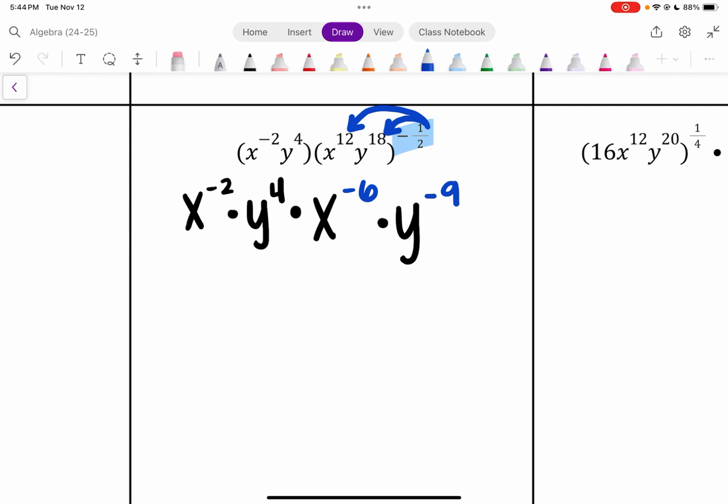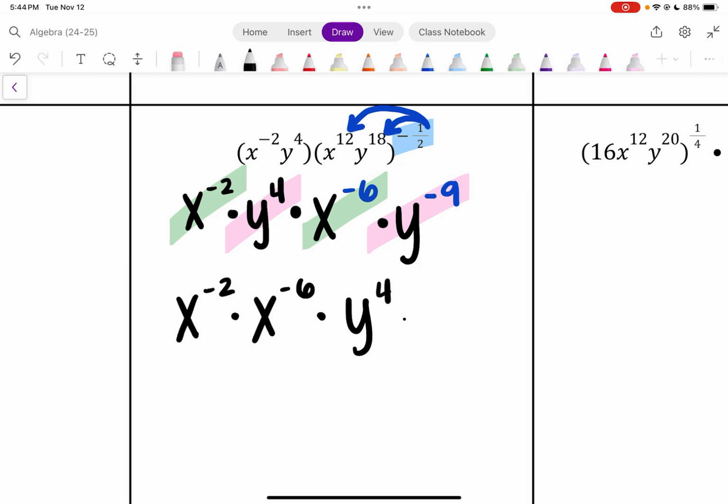So what I notice is that I have two x's, and I have two y's. So I'm going to rearrange so that I can see them a little bit better. So I have x to the -2 times x to the -6, and I can put my y's together. That way I can really see what's going on.